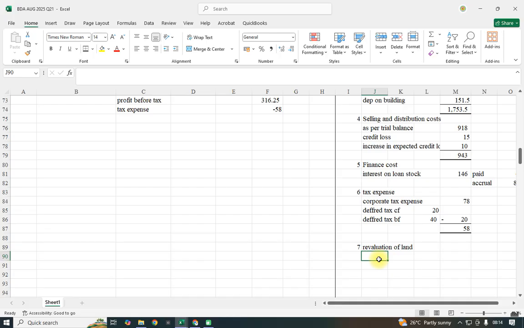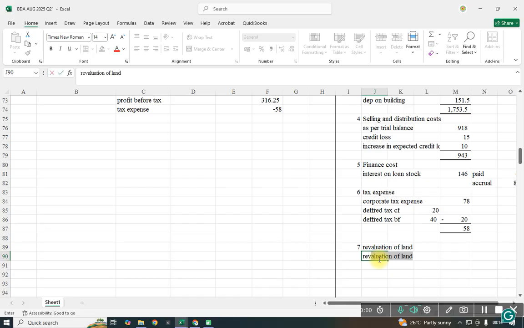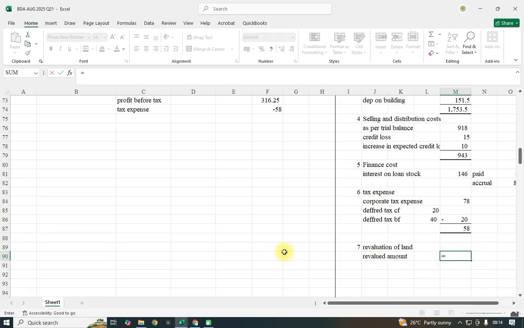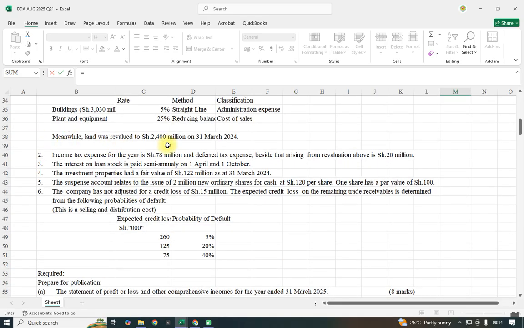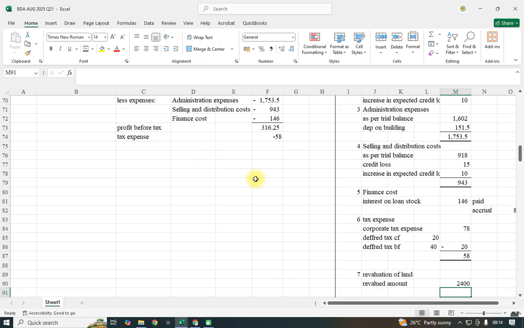So the revalued amount, we need to find the gain or loss. We are told land was revalued at 2400. That is what land was revalued at.